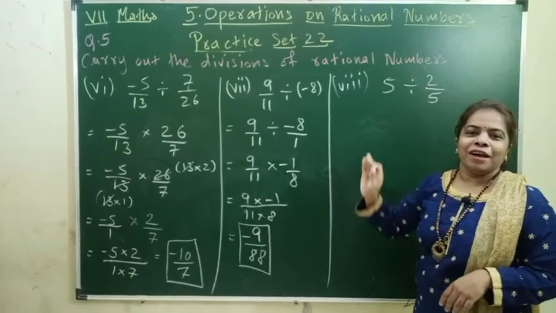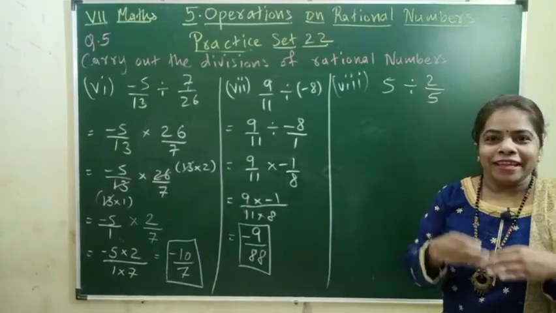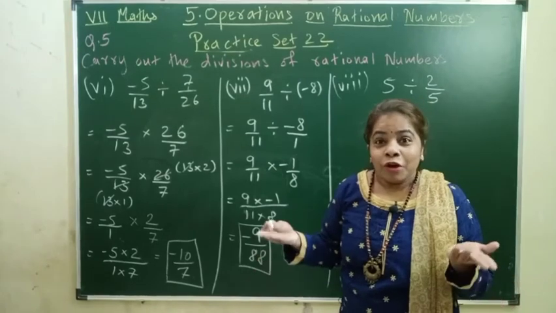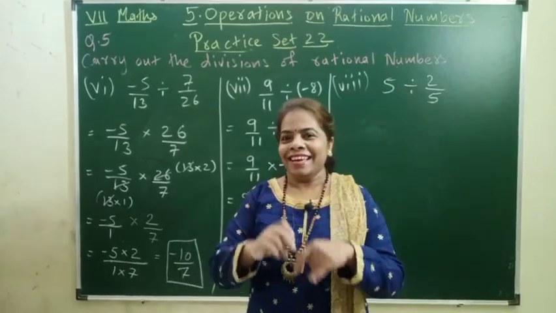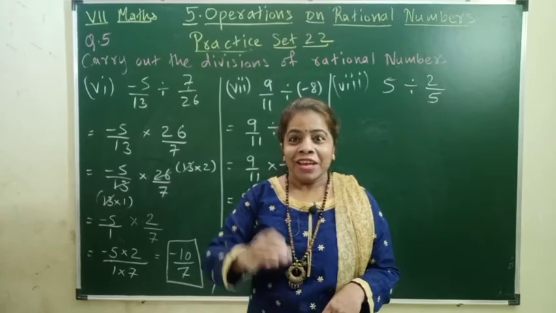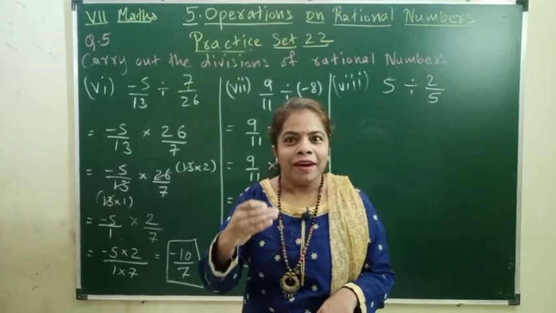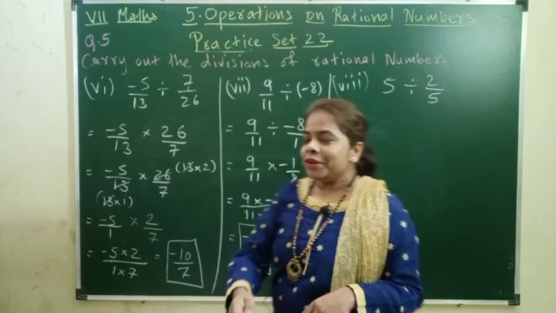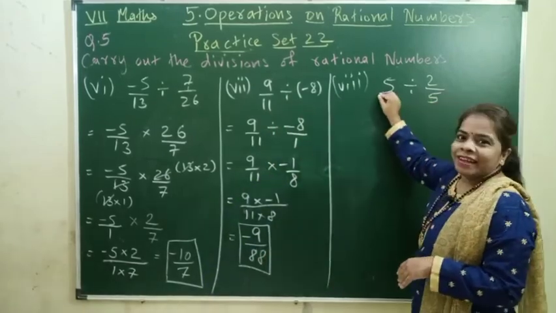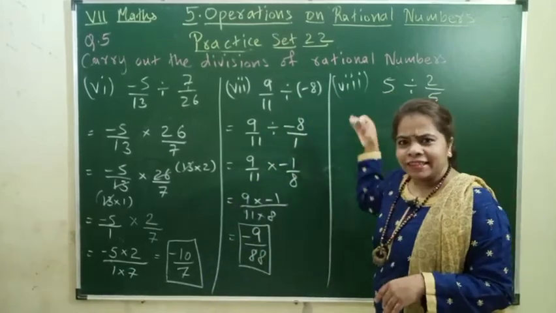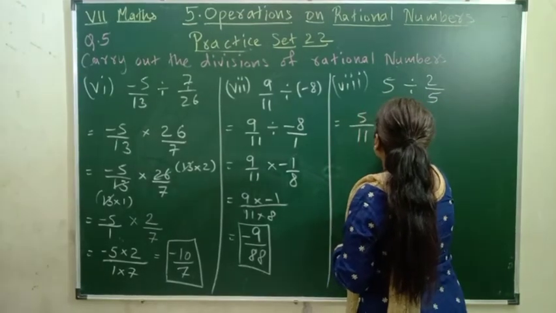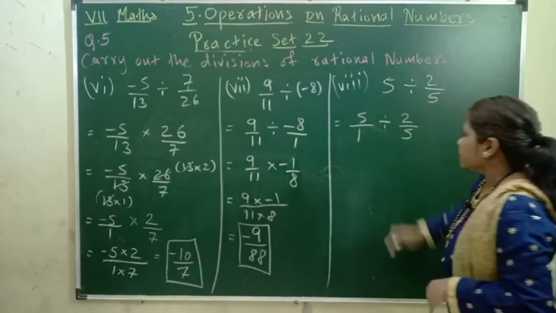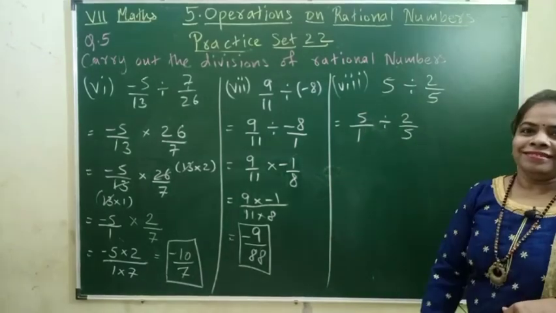Now the last sum, children, here also there is no denominator. Now what should we do? What should we do, children? Yes, you're very right. We are going to give 1 to the denominator. We will write 1 here. Let's write in the next step. Five upon 1.